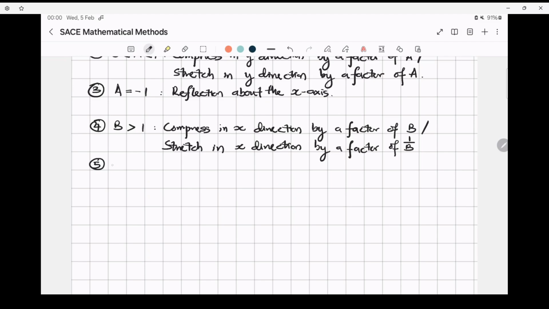So if b is between 0 and 1, this is a stretch in x direction by a factor of 1 over b.